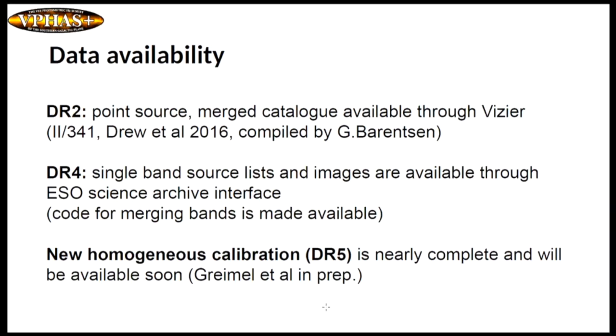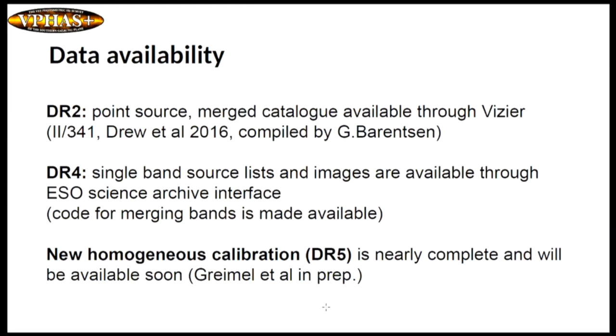Later on, there was a DR3 that was also hosted by the OmegaCam archive from WFAU. And then the 4th data release was the last one, containing all the data coming from VPHAS+.